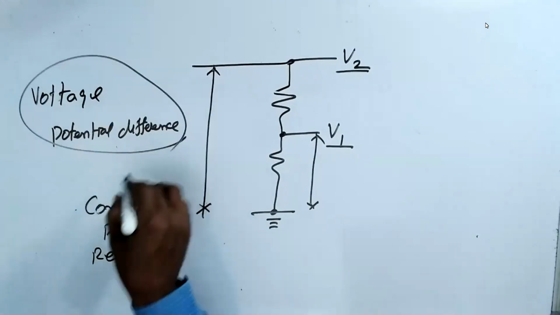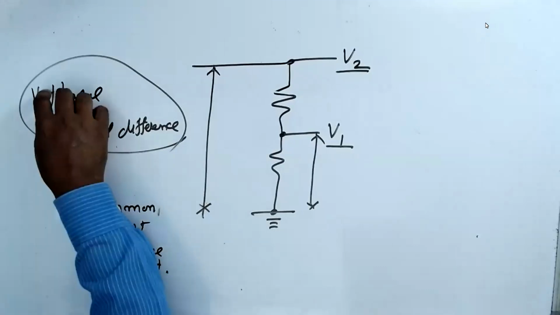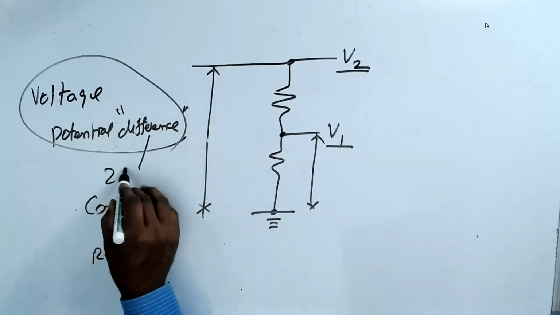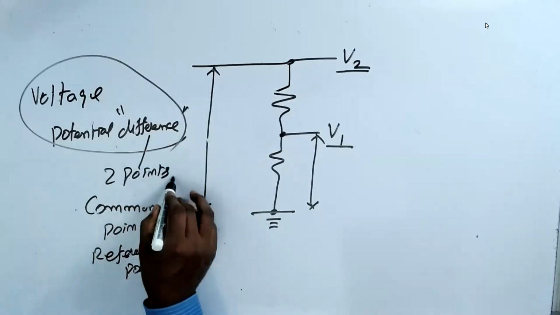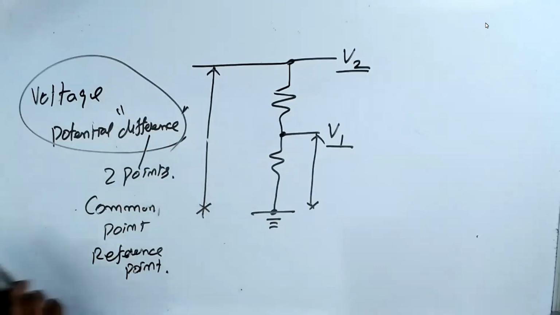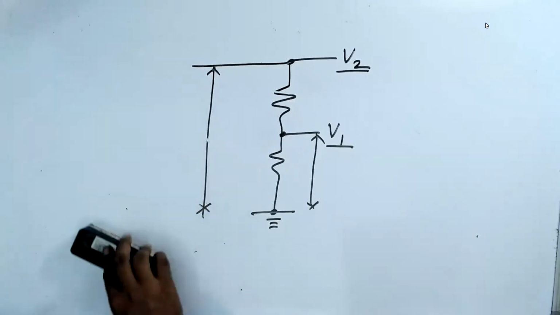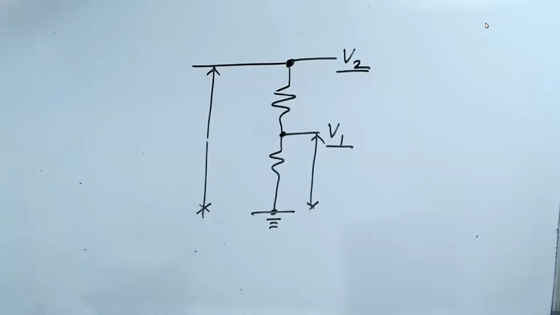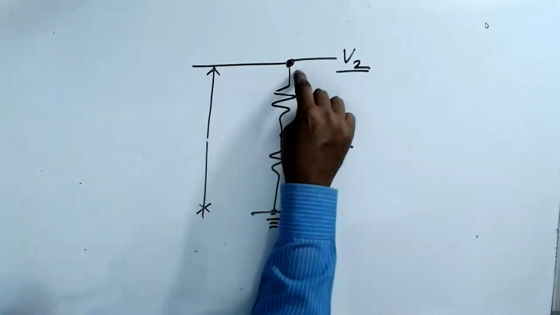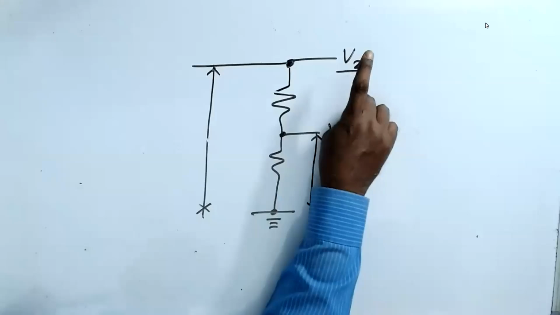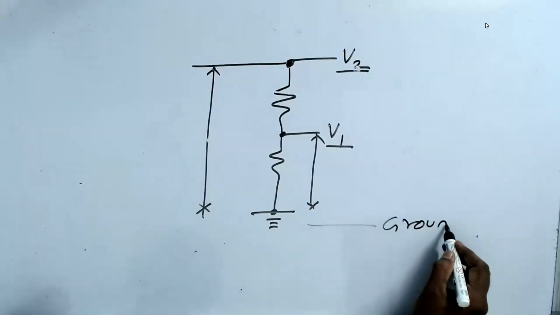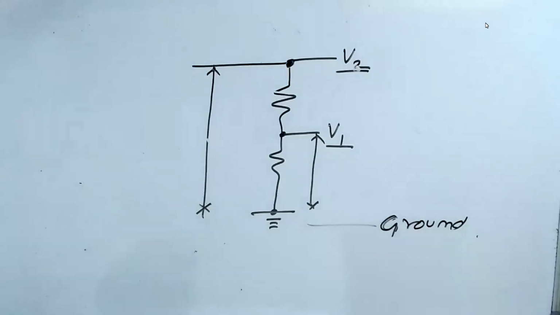This you know very clearly. Difference is very important. If I say difference, there should be 2 points. When I have 2 points, then how do I make a voltage at a single point? So in your circuit, if you talk about a single point voltage, the other point is the ground. This has to be understood very clearly.